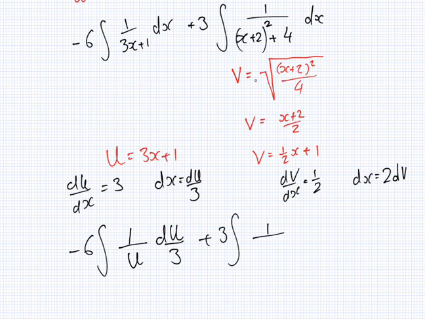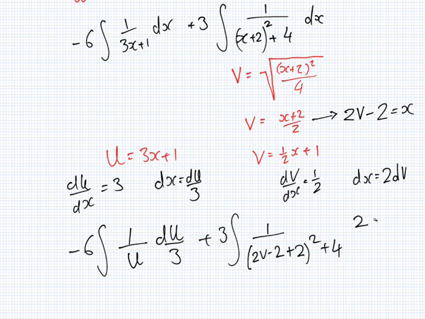Now, I don't know which way you prefer to think about it, but you could take out the x from here. You could say 2v minus 2 equals x, from this line. So here we have 2v minus 2 plus 2 squared plus 4, 2 dv.